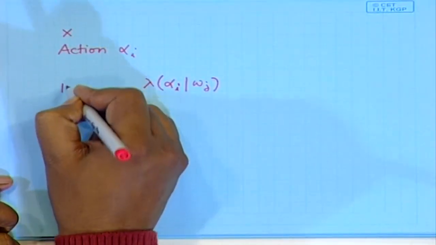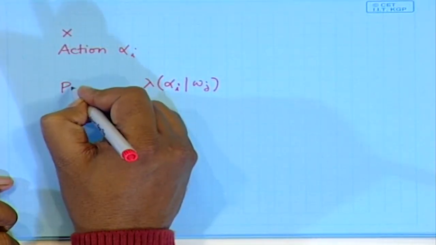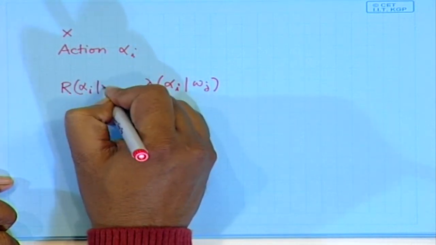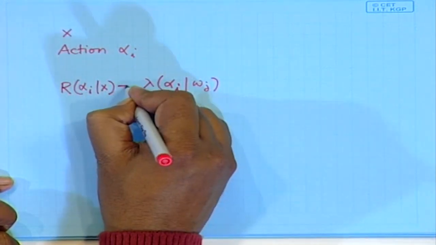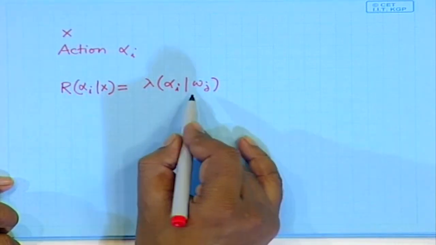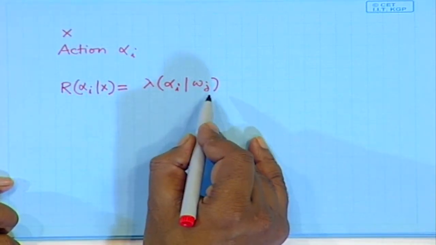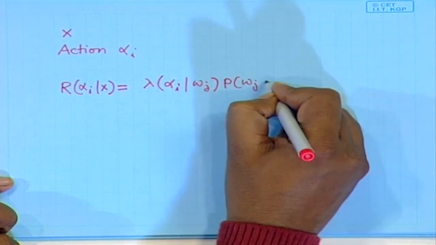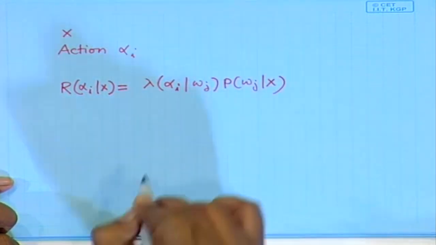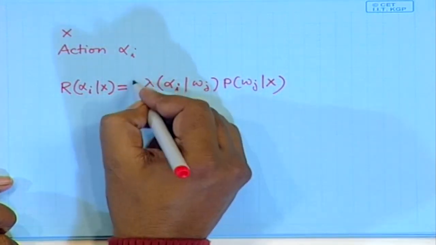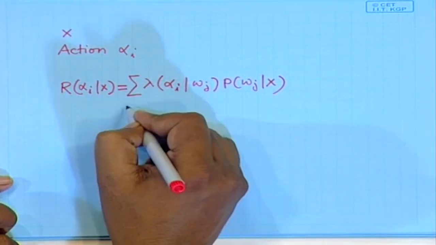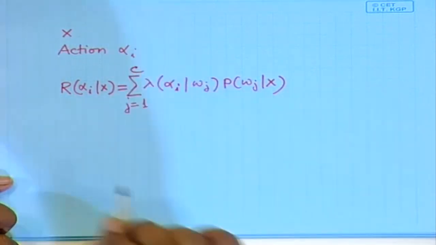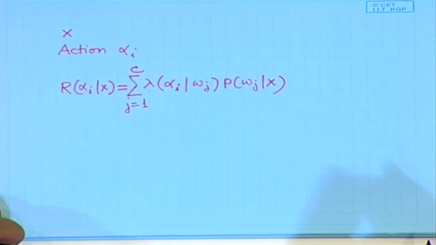This average risk or expected loss is r of alpha i given x, equal to the summation over j equal to 1 to c of lambda of alpha i given omega j into p of omega j given x, where x is my observation vector. Is that okay?